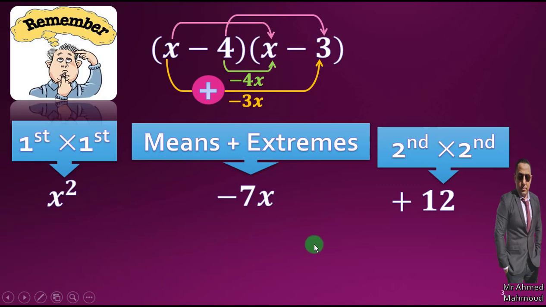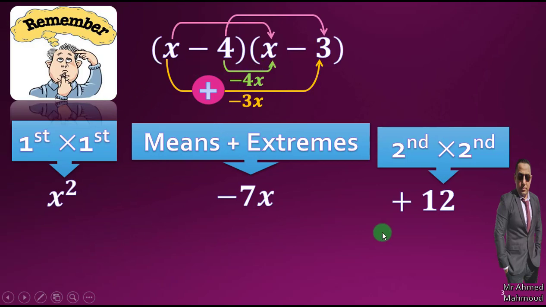Trinomial means three terms. What is the factorization? The factorization means that I'm going to change the sum into a product. So I'm going to reverse the operation. In this term, inshallah, he will give me this expression and I'm going to change it into a product of two brackets or more.